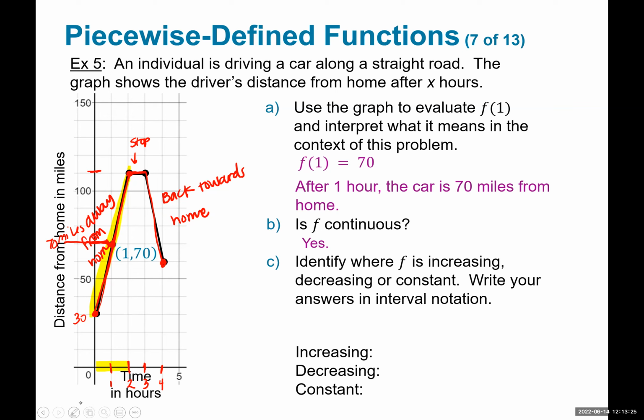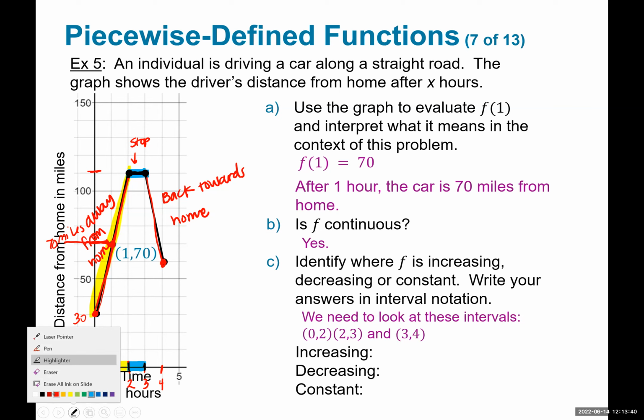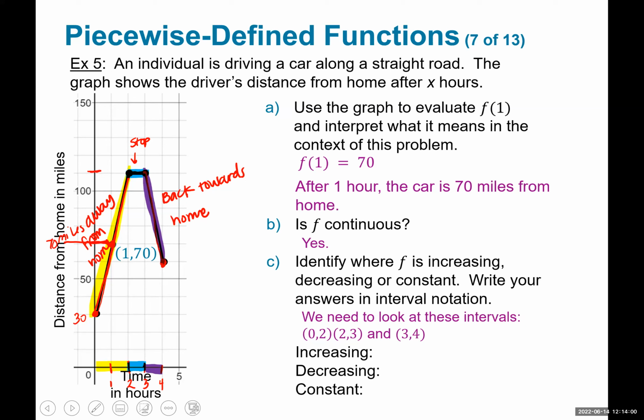The car is constant from 2 to 3, because they didn't go anywhere. It was just stopped. And then the car is decreasing between 3 and 4. Actually, I don't know if it's decreasing. Yeah, it looks like it. Let's see.